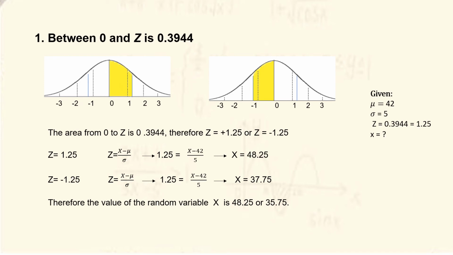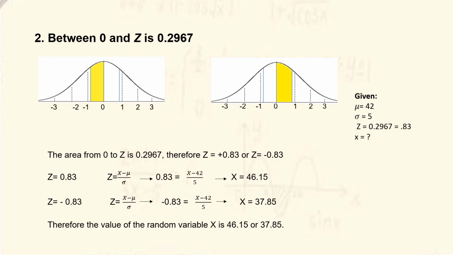However, if z is equal to negative 1.25, again, we will be using the formula of standard score and then substitute the given values, and then the value of x or the answer is 35.75. Therefore, the value of the random variable x is 48.25 or 35.75.